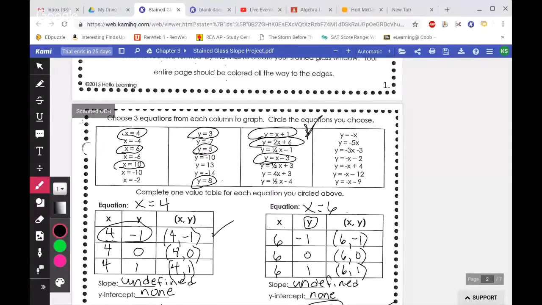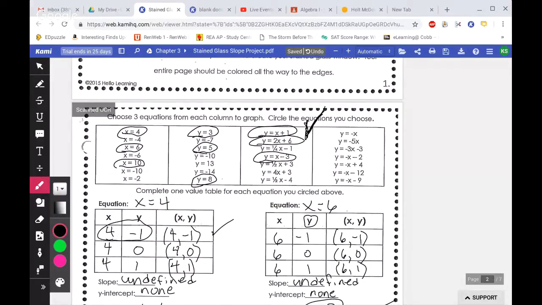No, in column 3 right here, which three equations did you pick in column 3? Oh, I see what you're saying. I did y equals 2x plus 6, y equals x minus 3, and y equals 4x plus 3. Okay.